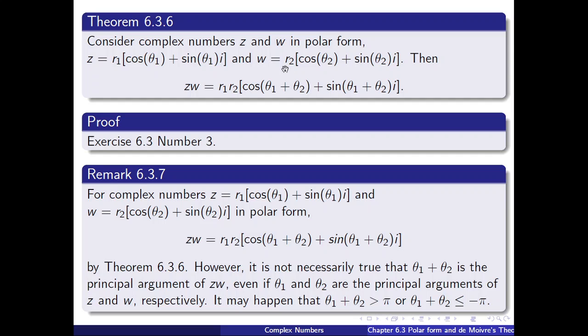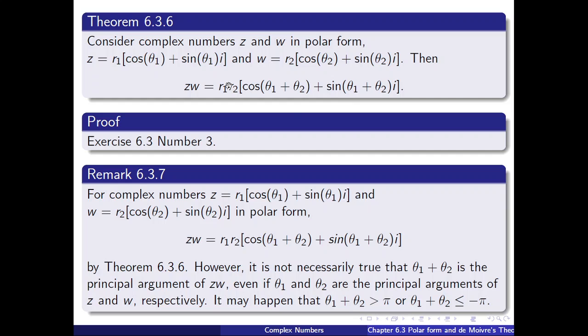Then the multiplication of these two, zw, the product of z and w, becomes just the product of the r's. So we get r1 r2 times cos of the angle theta 1 plus theta 2, plus i sine of theta 1 plus theta 2.